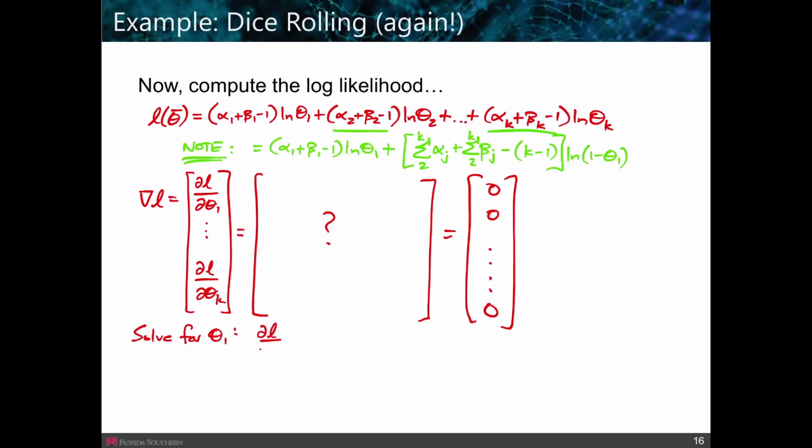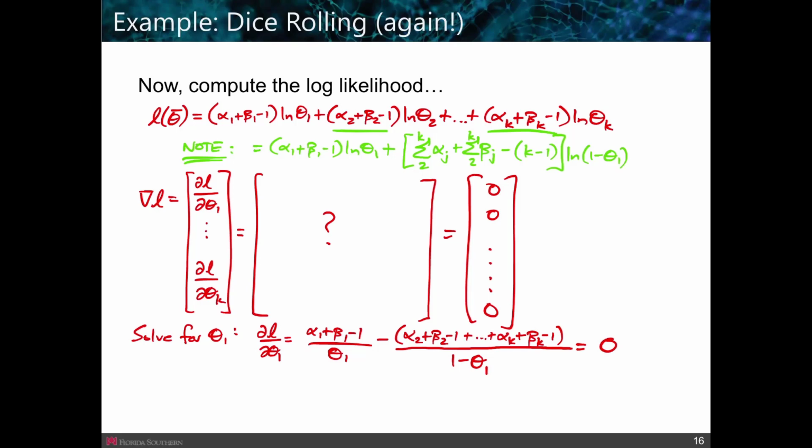The partial derivative of our log likelihood with respect to theta 1 is going to be equal to alpha 1 plus beta 1 minus 1 divided by theta 1, minus this weird sum: alpha 2 plus beta 2 minus 1, plus alpha 3 plus beta 3 minus 1, all the way up to alpha k plus beta k minus 1. I'm simplifying the expression, divided by 1 minus theta 1. That's going to be set equal to 0.